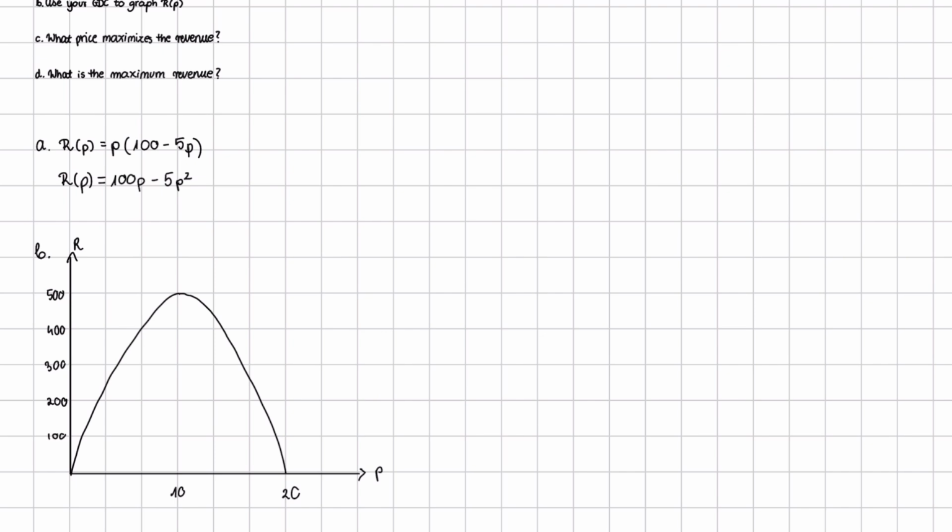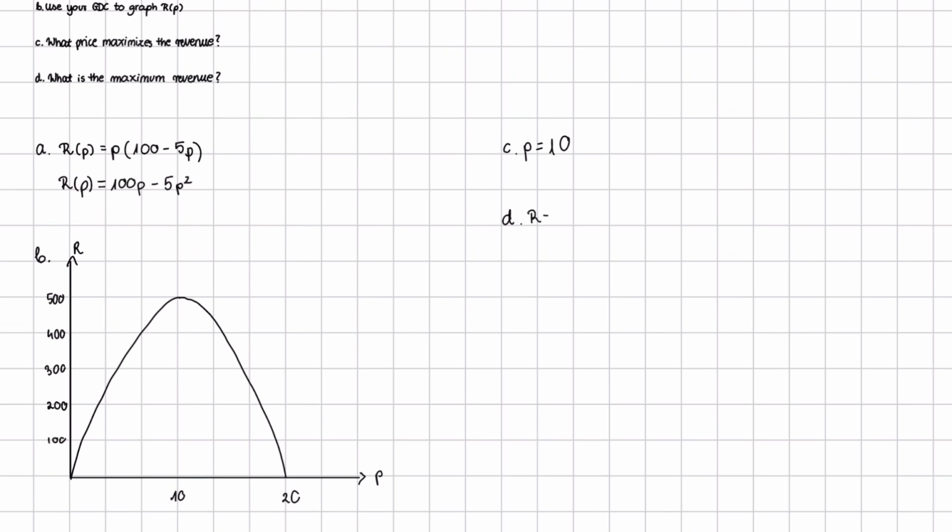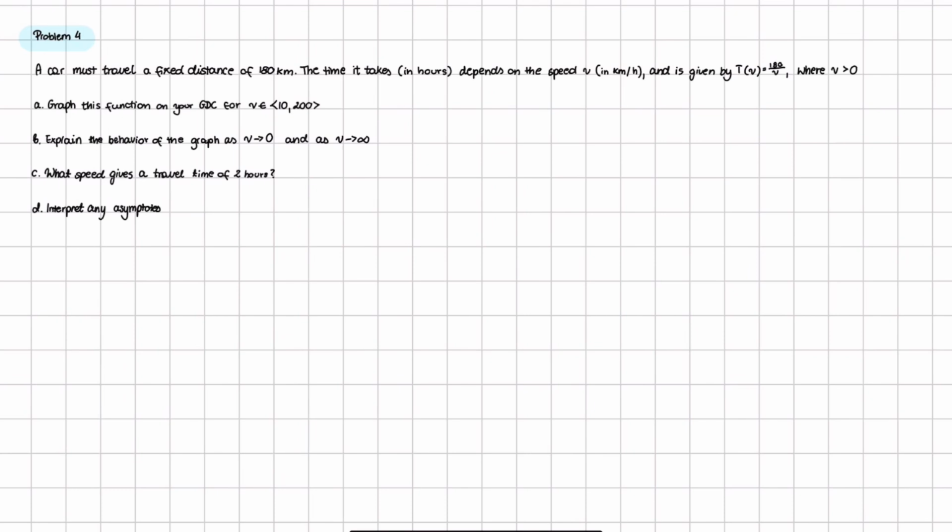It's of course at P equals 10. And in D, we have to write down the maximum revenue, so the revenue corresponding to our maximum, so it's 500.